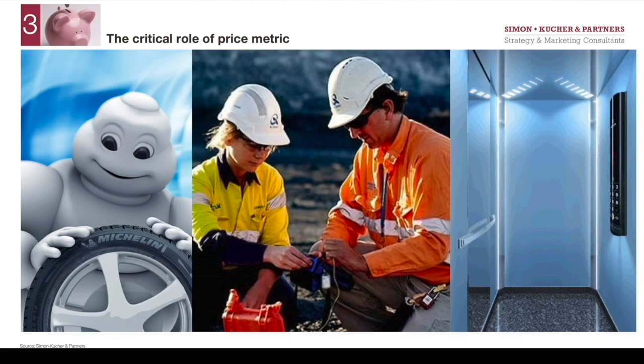This is the biggest provider of elevators in North America. They don't actually sell an elevator. They rent the elevator to the building based on the foot pound, based on how much weight was transported over what distance. So they changed the measurement from selling by the elevator to selling by the foot pound of movement.